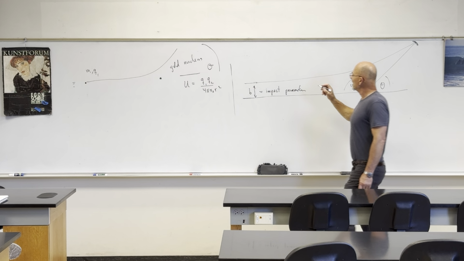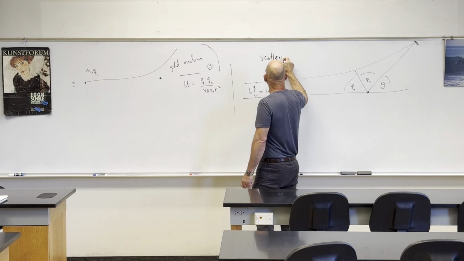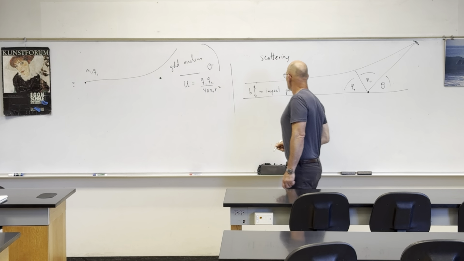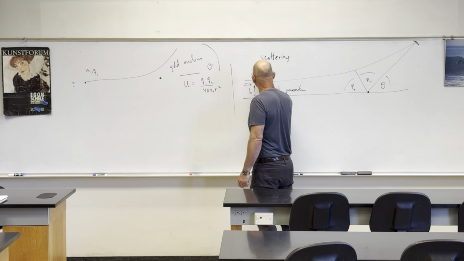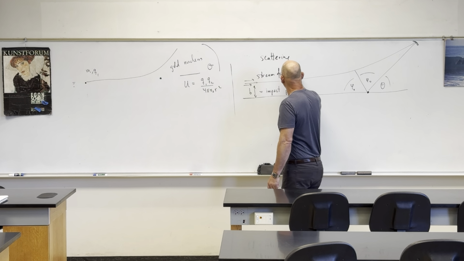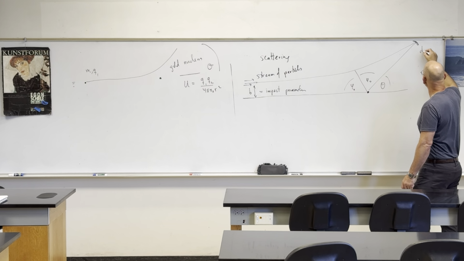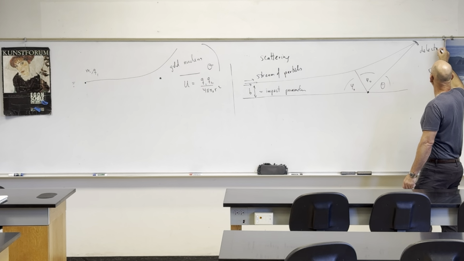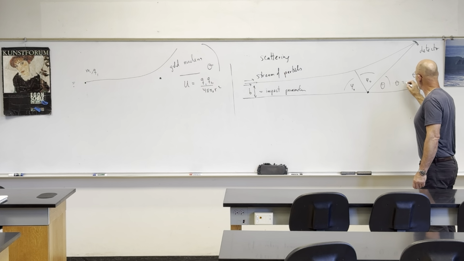So this would be scattering. And so over here, I'll just say, we have a stream of particles, detector. And this would be the scattering angle, theta equals the scattering angle.